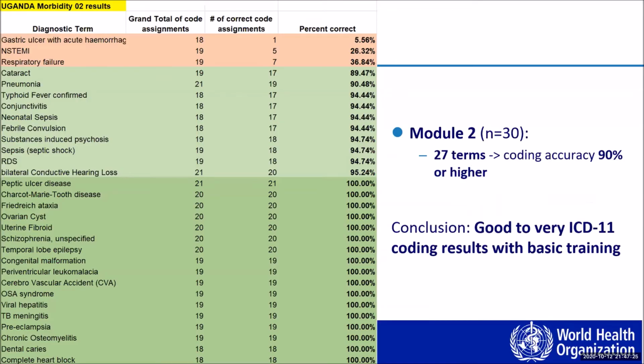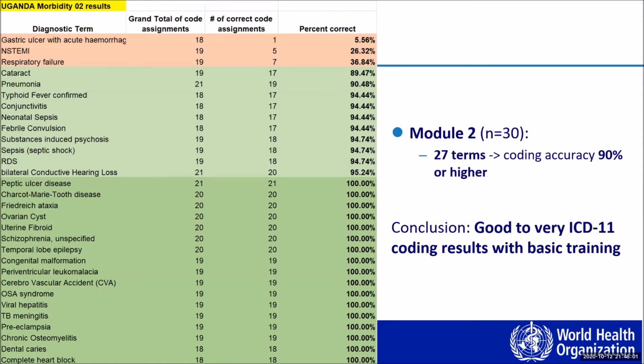And what we have seen so far in a number of trainings we have been conducting with many countries now is that thanks to the use of this kind of tools and the simplicity, the accuracy we get is quite good. And here are some results, for example, from training we did last year in Uganda, where we asked them to code their own terms and see what kind of results we get after 3 or 4 hours of basic training.